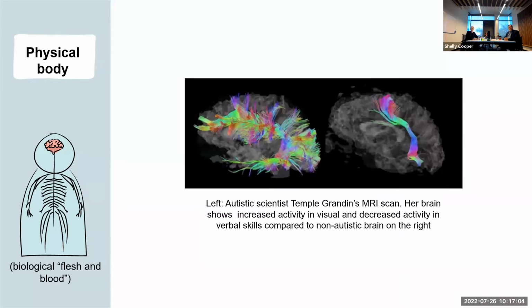On the left, the brain scan belongs to Temple Grandin, who is an autistic scientist. What you can see is that in her scan, there is a really increased activity in the visual thinking areas and decreased activity in the verbal skills compared to a non-autistic brain on the right.